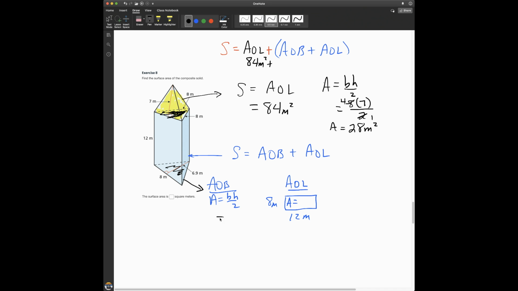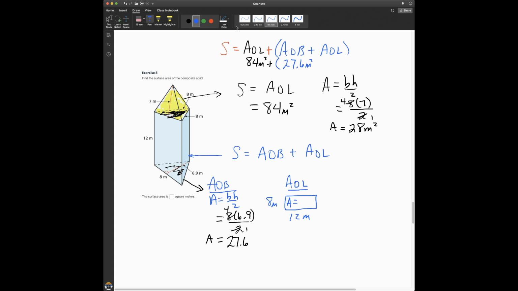The base is 8, the height 6.9 meters divided by 2. Again, there's canceling that can be done. So that area equals 4 times 6.9, which is 27.6. So now I have 27.6 meters squared.